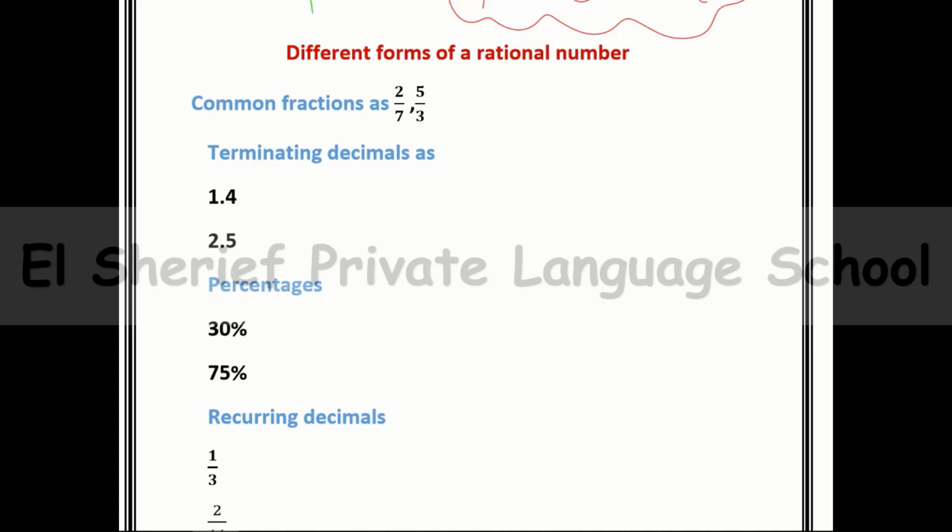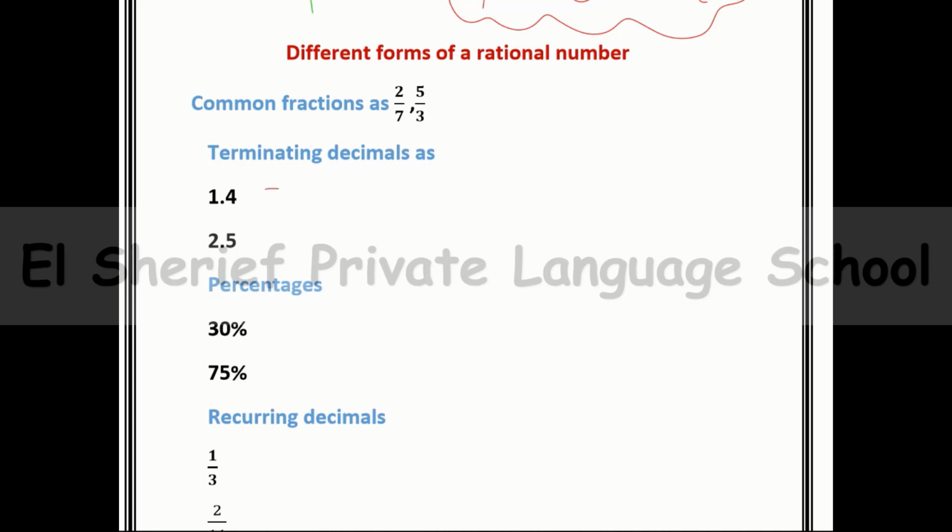Here I have different forms of the rational numbers, such as common fractions: 2 over 7 is in the form of a over b and b doesn't equal 0. 5 over 3, a common fraction, is in the form of a over b and b doesn't equal 0. So I can say that 2 over 7 and 5 over 3 are rational numbers. Terminating decimals, such as 1.4. I can write them in the form of a over b and b doesn't equal 0.